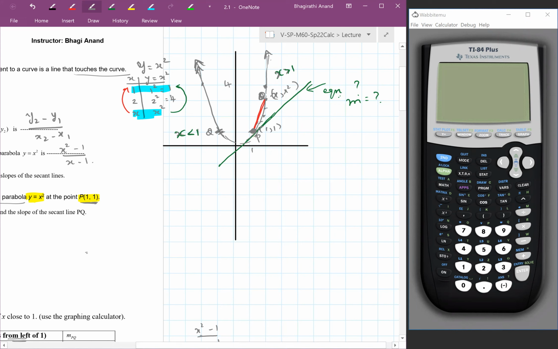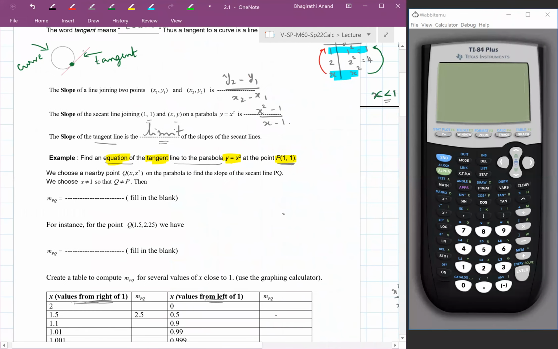Similarly, we take a point Q on the left side of P, which means the x coordinate will be smaller than 1. On the right side of P, it will be greater than 1. So we get a set of slopes on the left side also, and we see where the slopes approach. Wherever these two values approach, that becomes the slope of the tangent line. So that is what we do here.